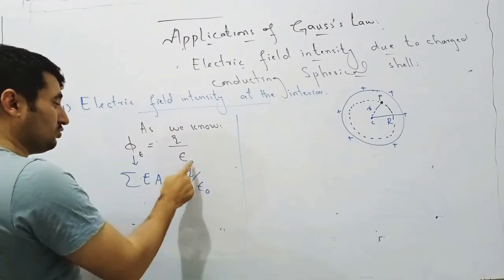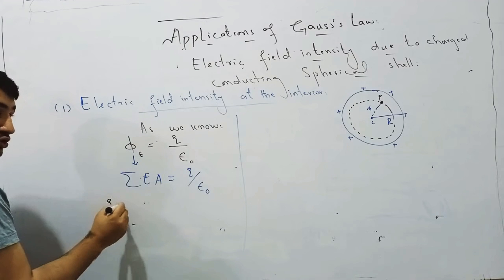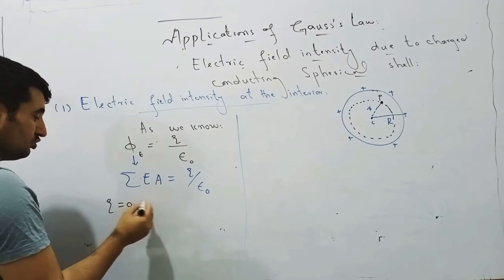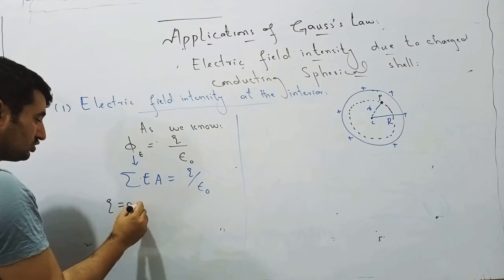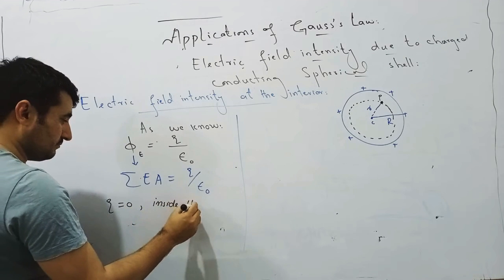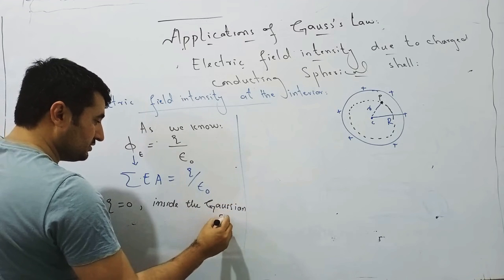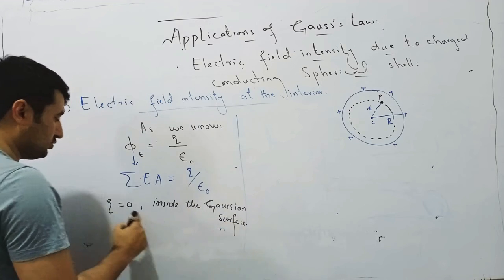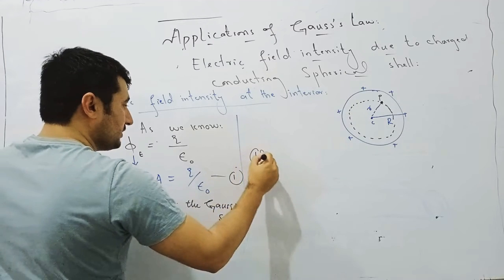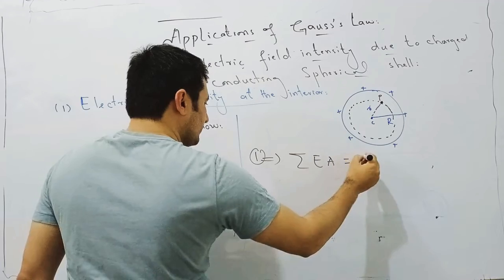So this charge enclosed is 0 inside the Gaussian surface. Remember, this is 0. So this Q is 0. Put it here as equation 1. So equation 1 implies summation E into A equals 0.